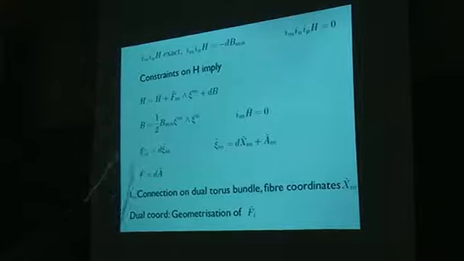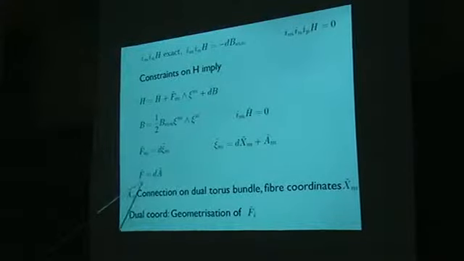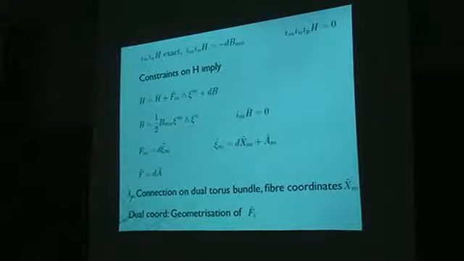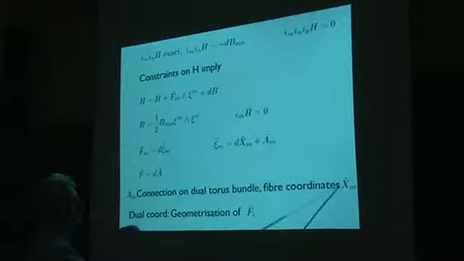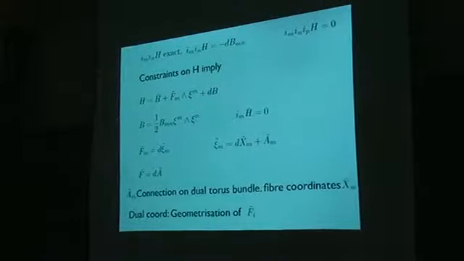So we find that we get a structure for H like this in terms of a dual connection A tilde. So A tilde is a connection on a dual torus bundle whose fiber coordinates are the x tildes. And so from the B field, we're constructing another torus bundle over the base, which will be the dual bundle, which will be swapped under duality with the one we got from the original base.